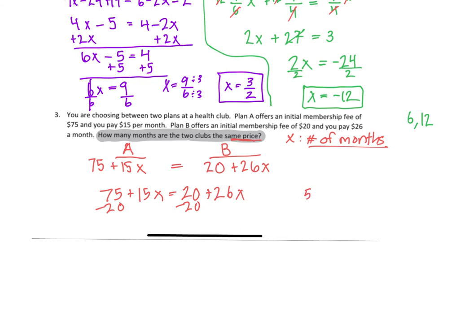That gives us 55 plus 15x equals 26x. I subtract that 15x over to the right side. That's 11x. Divide both sides by 11 and we get x equals 5.